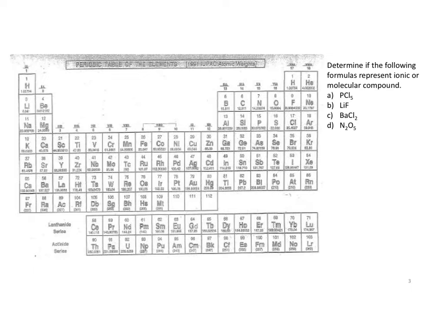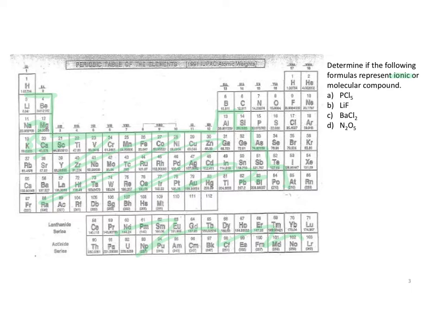All right, determine if the following formulas represent ionic or molecular compounds. All right, once again, do you want me to do the shading again? So if it starts with these here, then anything here is going to be ionic.